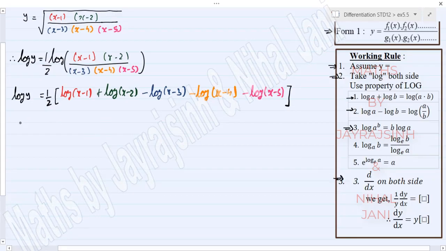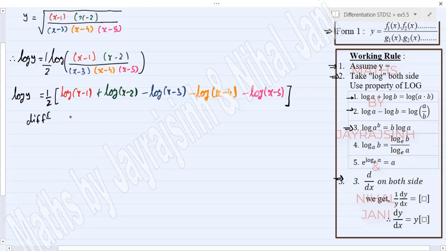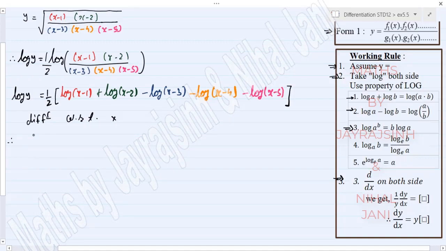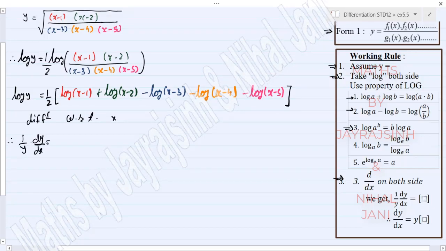Now let's try to differentiate our equation with respect to x. Differentiation of log y will be 1 upon y dy by dx, and this 1 by 2 will be as it is.